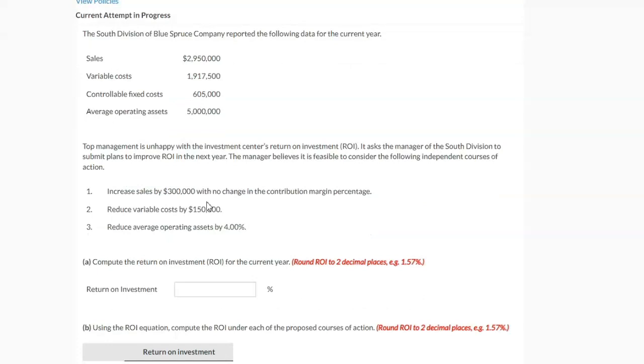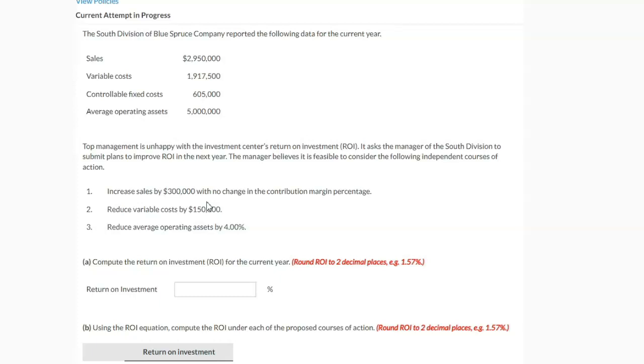Yeah. Now, but you don't have controllable margins, so you're going to have to figure it out. How do you figure it out? So we'd have to take sales minus variable cost, which would give us contribution margin, and then minus controllable fixed cost. Right. Very good.